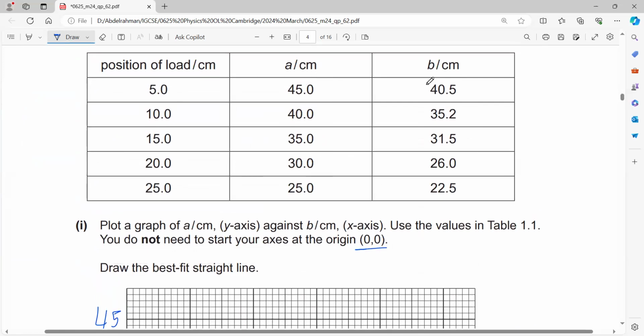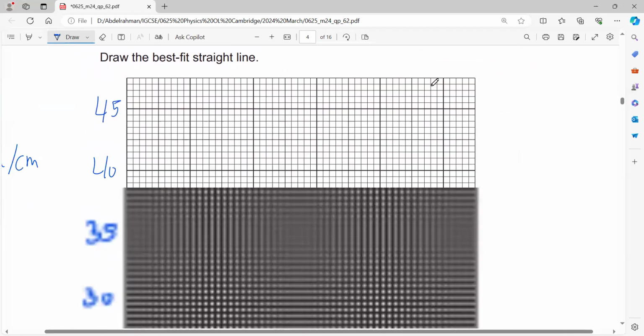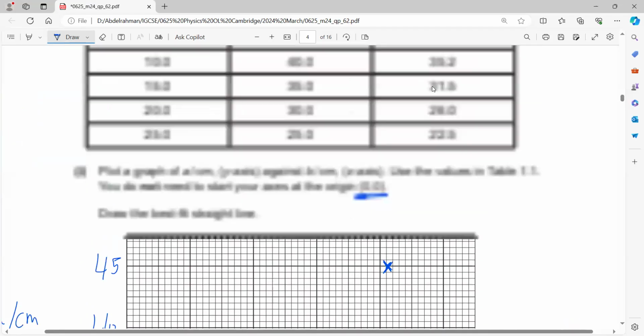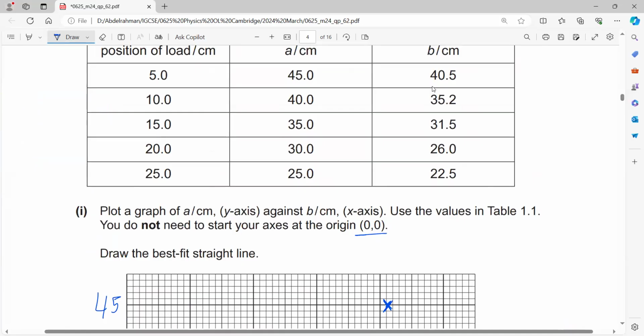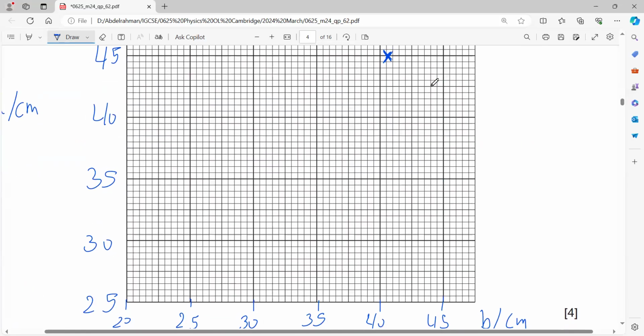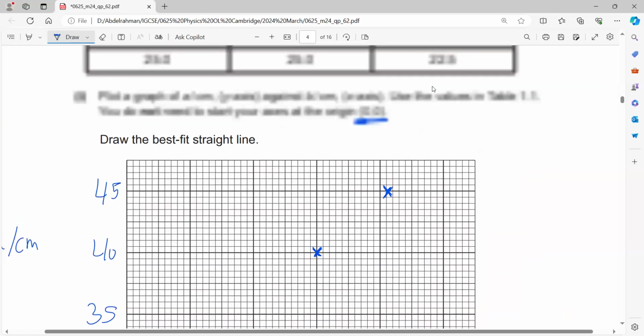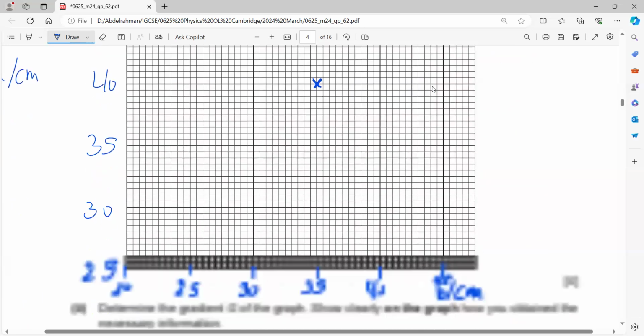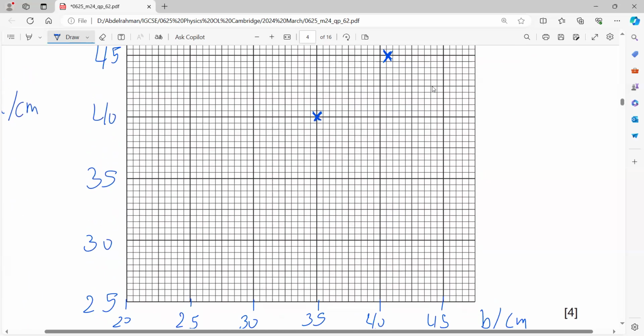We can start with 45 on the y-axis and 40.5. So 40.5 and 45 would be exactly here. 35.2 and 40. 31.5 and 35. 31.5 is 3 squares after 30 and 35.